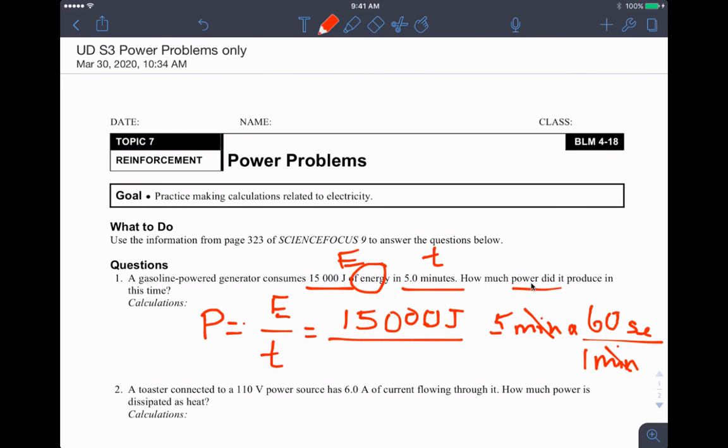But if you just remember there's 60 seconds in a minute, then if you have 5 minutes, you just times that by 60. So that gives you 300 seconds. And when you do that calculation, 15,000 divided by 300, you get 50. And what you need to remember is that that is 50 watts. Okay, so the units for power again are watts.